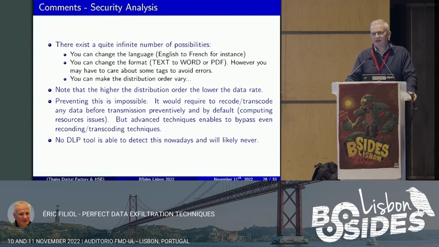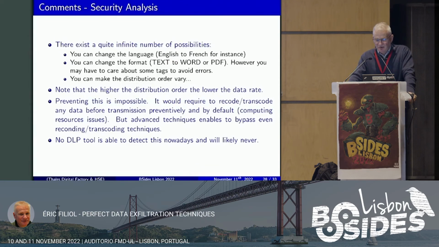For automated analysis, in some cases, we can recode or transcode the file in order to destroy data hidden inside the file. But the latest techniques work at the semantic level. It means that even if you recode the text, you will not destroy the information. You would have to rewrite the content of the file, which is, of course, impossible.